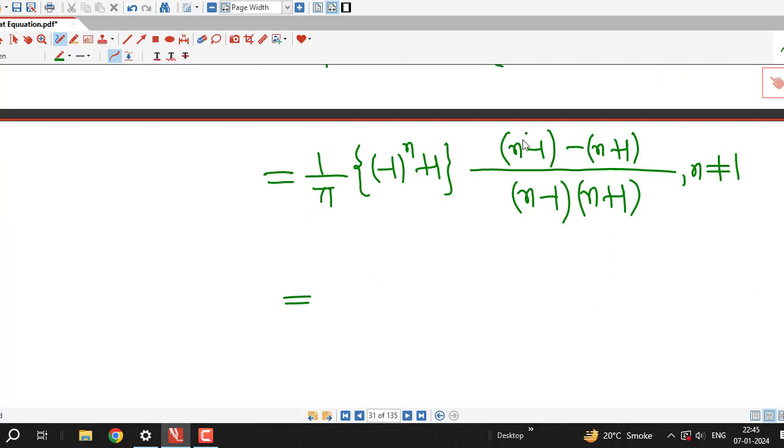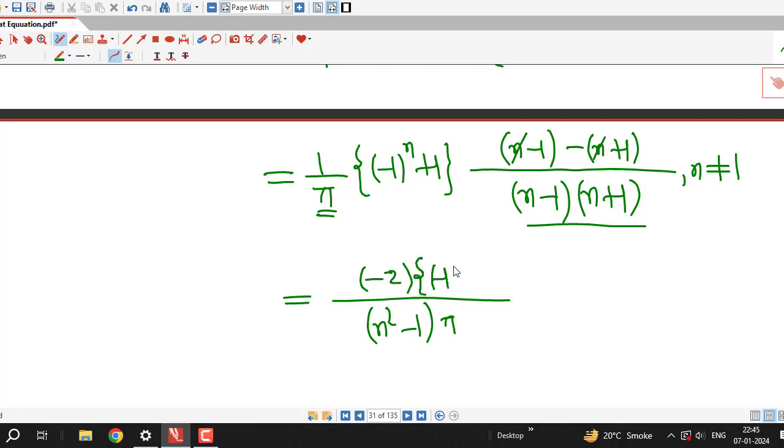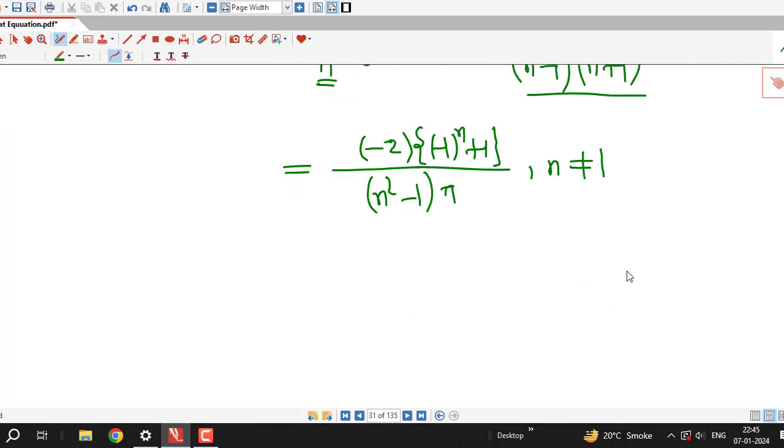Now we can see n will get cancelled, and here we will have minus 2, and the denominator is going to be n square minus 1. So finally in the denominator I have n square minus 1 and this pi. In the numerator this is going to be minus 2, and this minus 1 raised to n plus 1. N is not equal to 1.